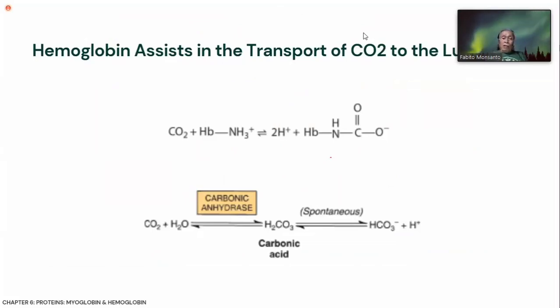All right. Your hemoglobin assists in the transport of carbon dioxide to the lungs. Now, carbon dioxide, where is carbon dioxide produced? What tissue? Inside cells. Inside which tissue?